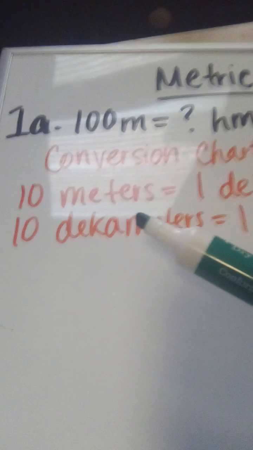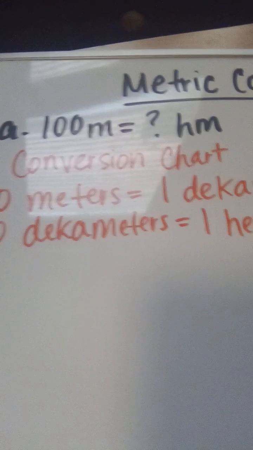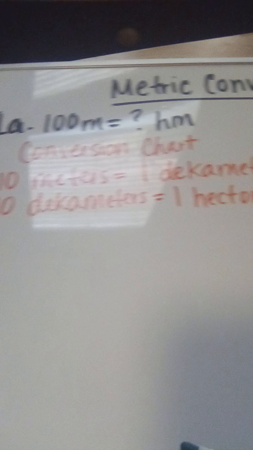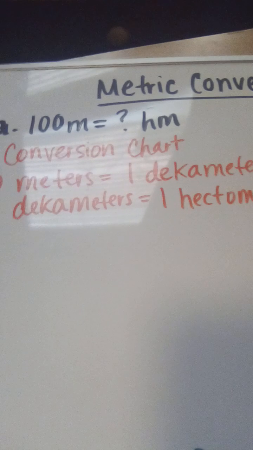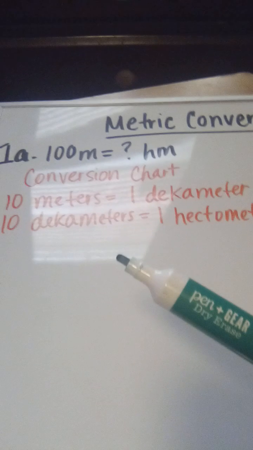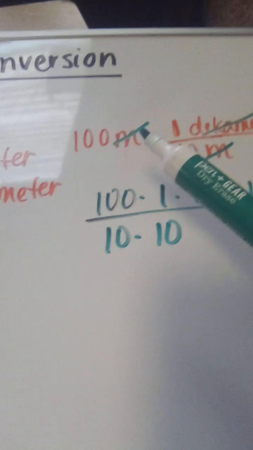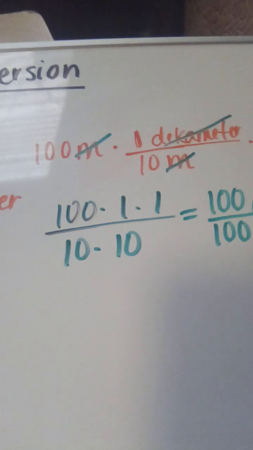All right. So we have set up this conversion chart. 10 meters equals 1 decameter. 10 decameters equal 1 hectometer. This is going to be significant in your conversion. As I move forward here, I set up 100 meters times 1 decameter over 10 meters.